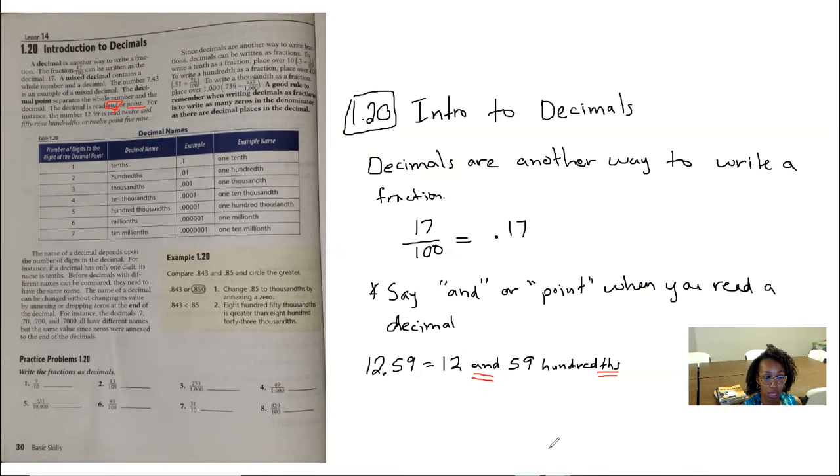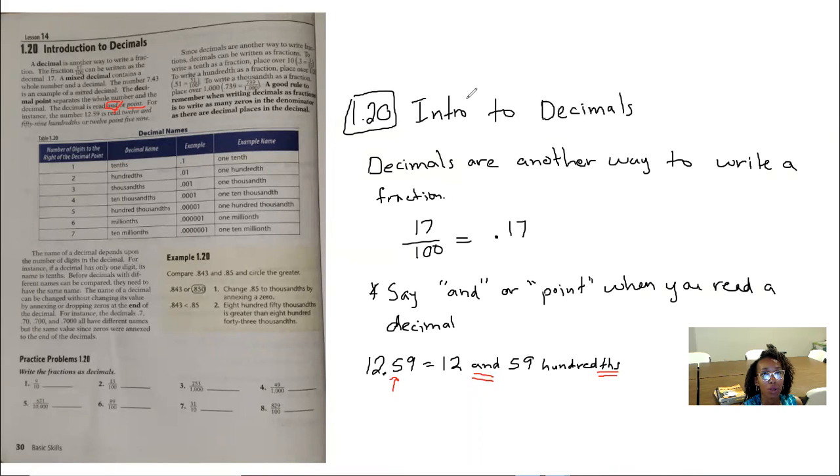The very first place behind the decimal starts off with tenths. And it has that little "ths" on the end so that you know you're talking about the right side or behind the decimal. So tenths, hundredths, thousandths, all of them have a little lisp on the end.